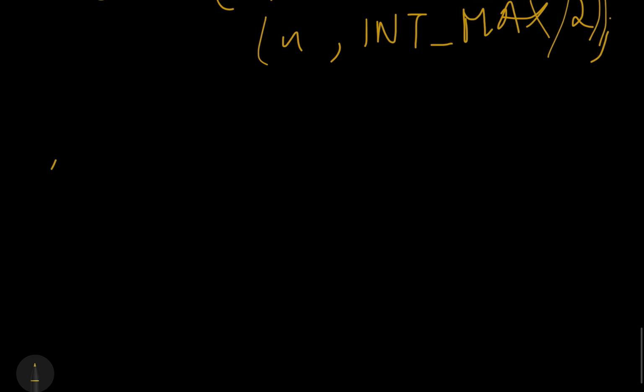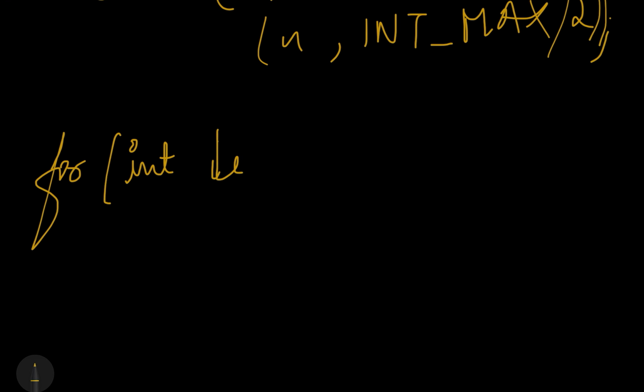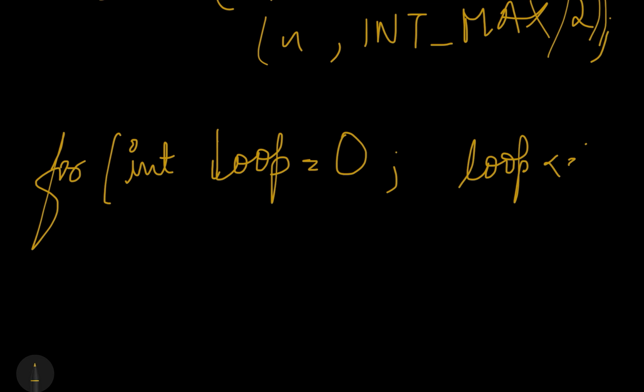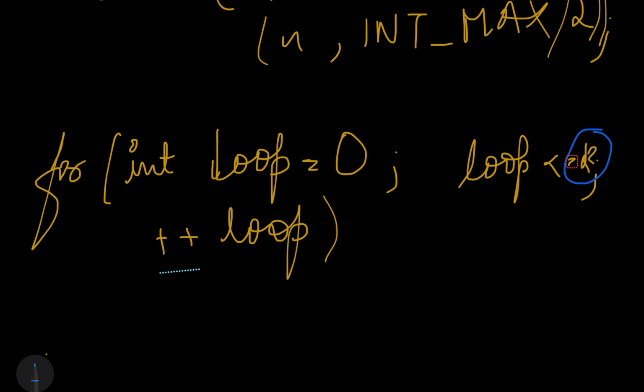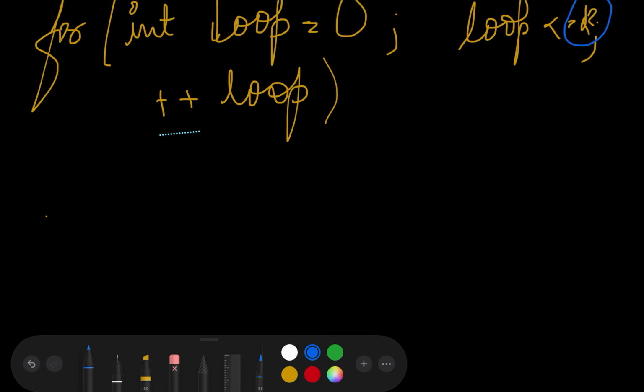Now we start with the logic for our traversal of the grid. We'll define our loop and repeat this process until we use up our k variable, that is, the number of times teleportation is allowed.